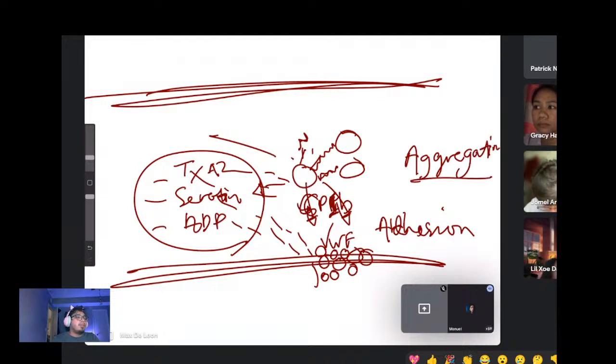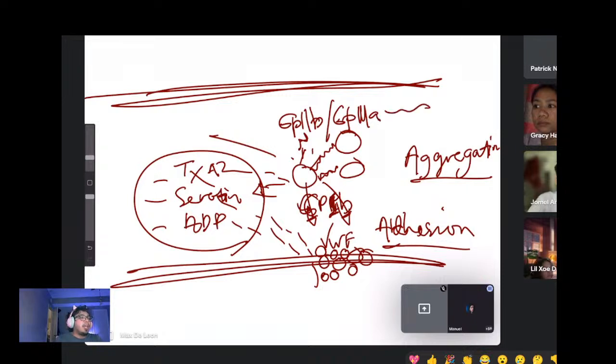So don't forget those two terminologies. What is the binding protein for aggregation? GP2B/GP3A, bound together by fibrin to the GP2B/GP3A of another platelet.